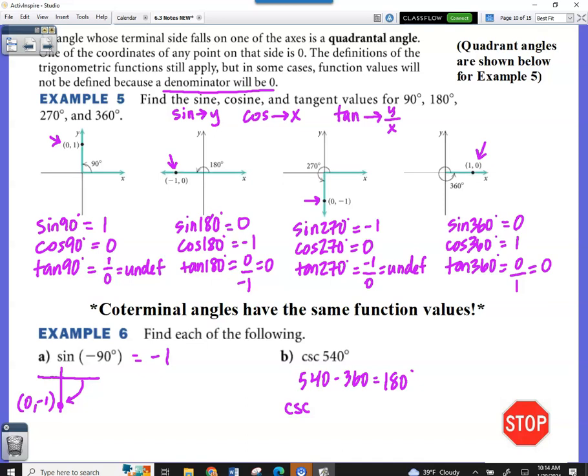All right, so I'm going to find the cosecant of 180. All I've done is take the original problem and write it with the coterminal angle between 0 and 360. Now I tell myself, wait a minute, I don't like cosecant because that's a reciprocal function. You could run with it if you wanted to. But the cosecant of 180 would be the same thing as 1 over the sine of 180, right?